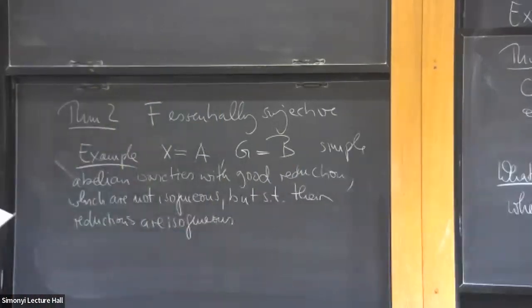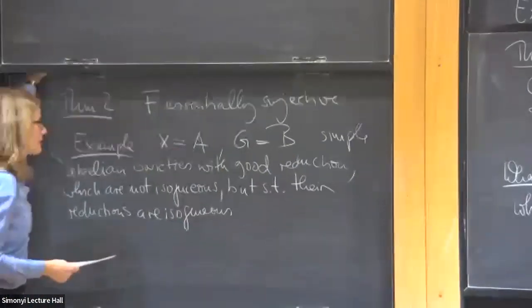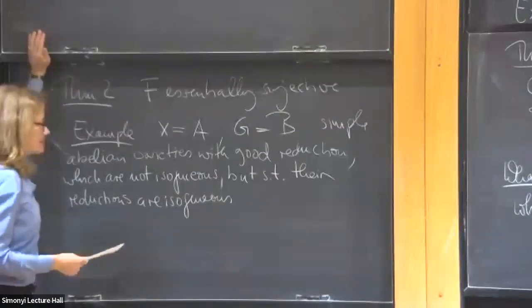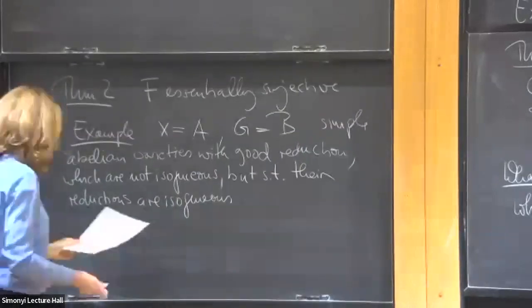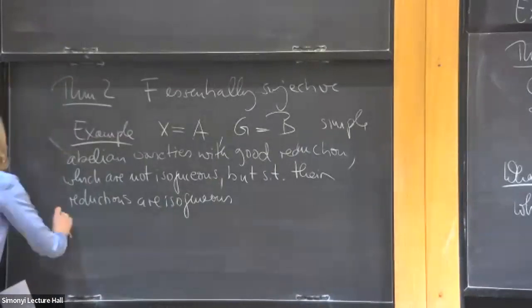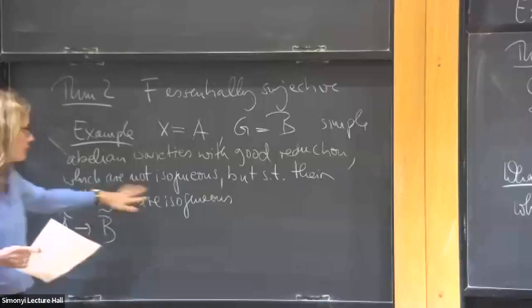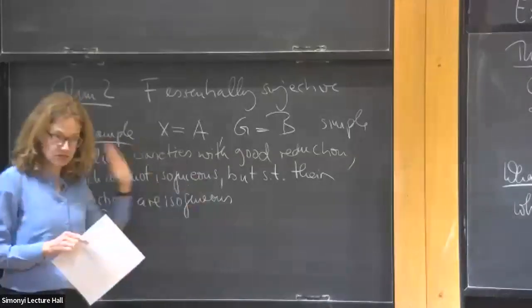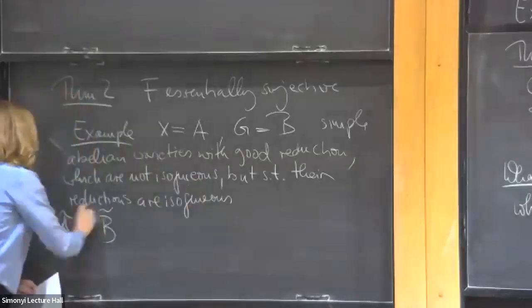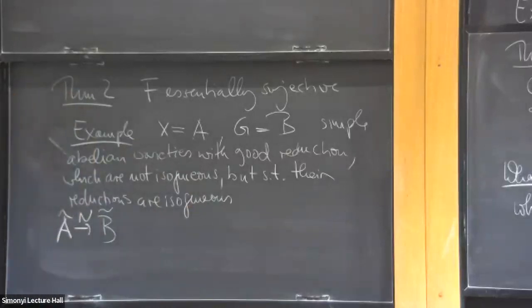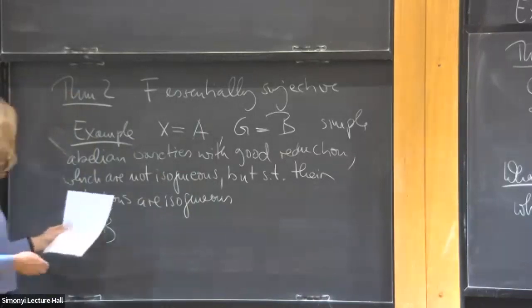Now you can do the following. If you analyze this universal profinite étale extension, you find that isogeny of reductions for abelian varieties with good reductions leads to an isomorphism between the universal profinite étale covers.